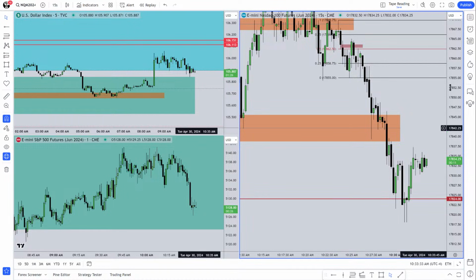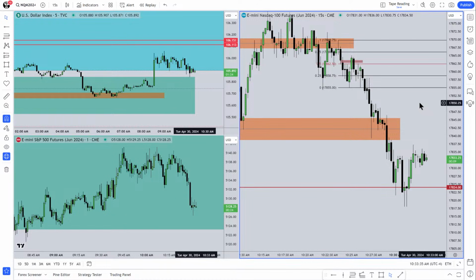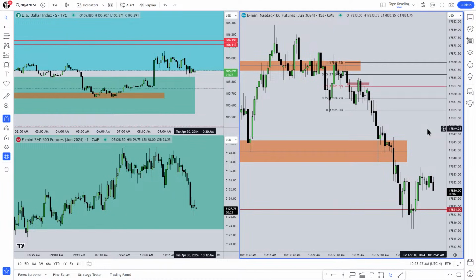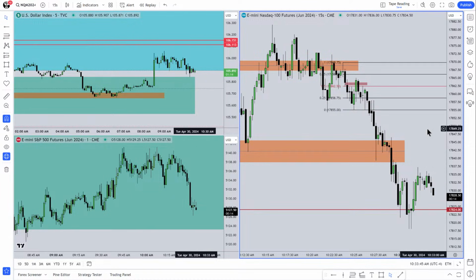I picked this week to do this workshop because I want you to see how in difficult market conditions, this stuff still works, but you have to wait. Like you have to wait a lot more than you would if it was in another more conducive climate for precision trading. There's a lot more coloring outside the lines in these types of environments.